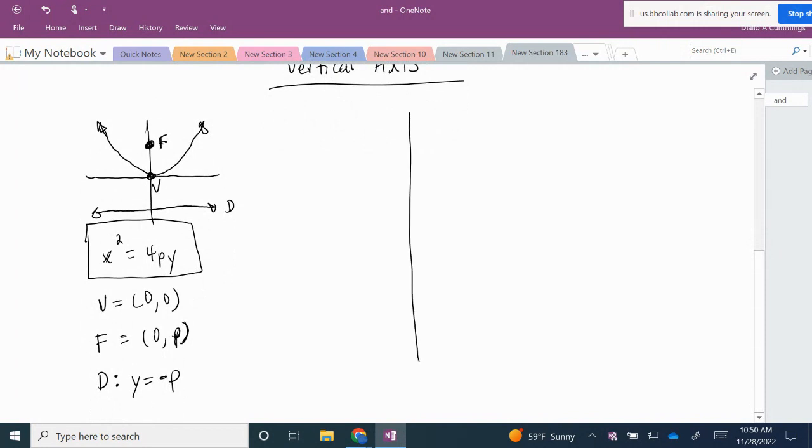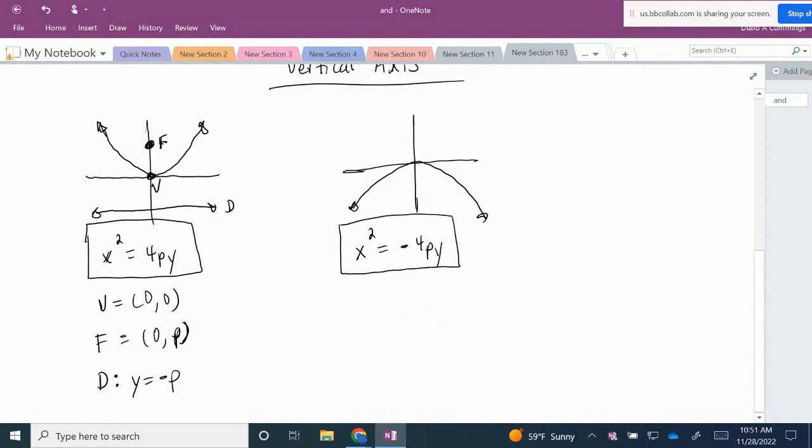All right, so let's look at the other model form for a parabola with the vertical axis. Right? So here again, we have an X and a Y axis. Okay, but this time our parabola is an upside down U shape. So if your parabola has an upside down U shape, here is the model form. X squared is equal to -4 times P times Y. So notice that the coefficient of your Y variable would be negative.